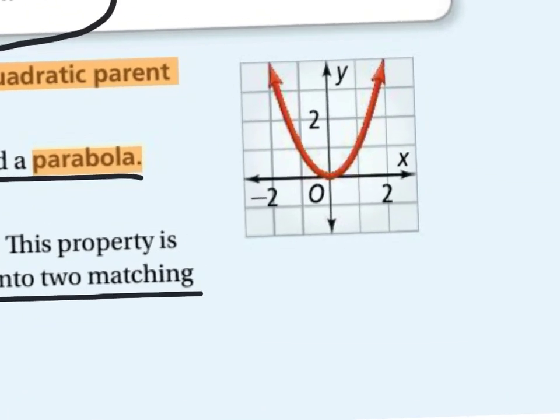That's what it means to be symmetric. In this case, the y-axis would be our line of symmetry. If I fold right on that line, these two parts would match up exactly.